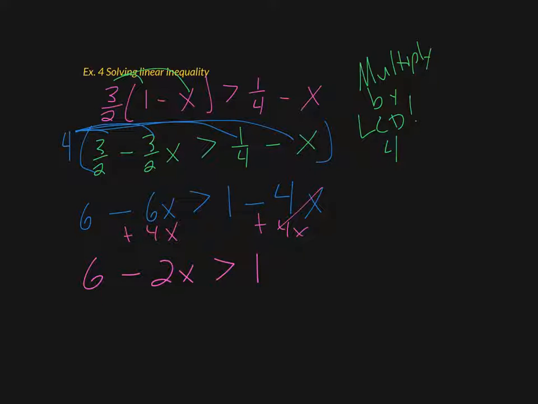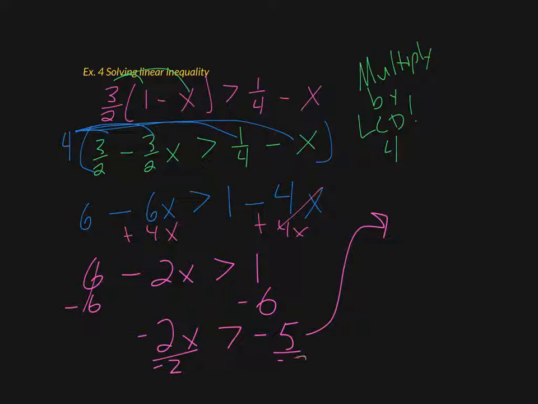Go ahead and bring that 6 over. So negative 2x is greater than negative 5. We're going to divide both sides by negative 2. Because we divided by negative 2, we flip our inequality sign, so then we have that x is less than positive 5 halves.